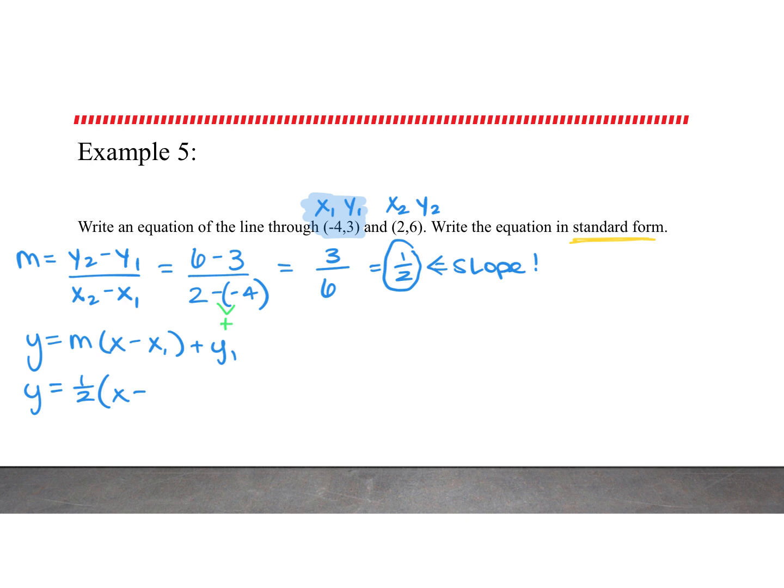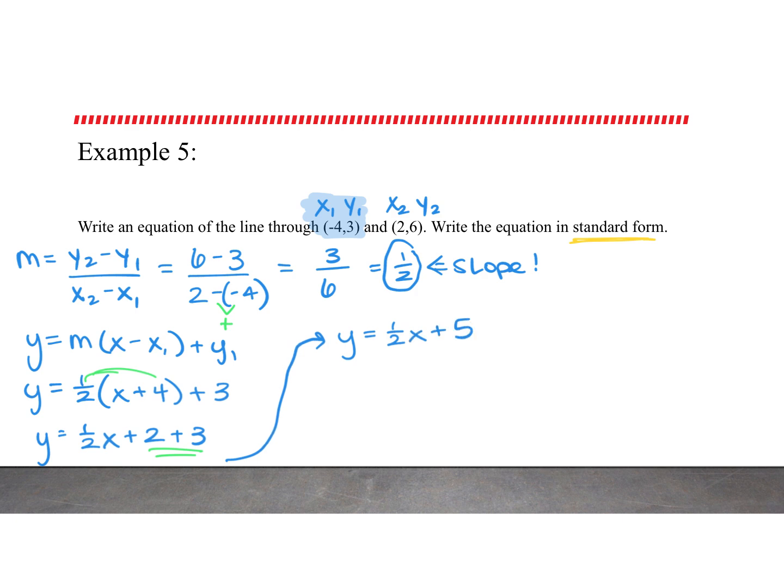So -4 makes this a +4, +3. Then I can distribute. I get 1/2 x plus 2, bring down our +3, and I can combine like terms. We'll move it up here. 1/2 x plus 5.